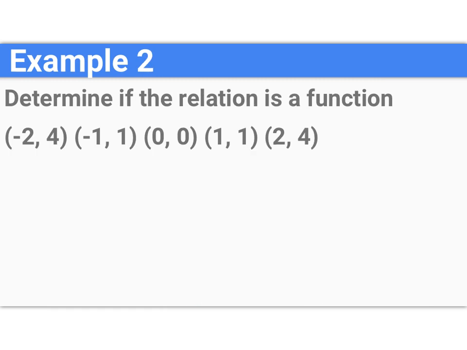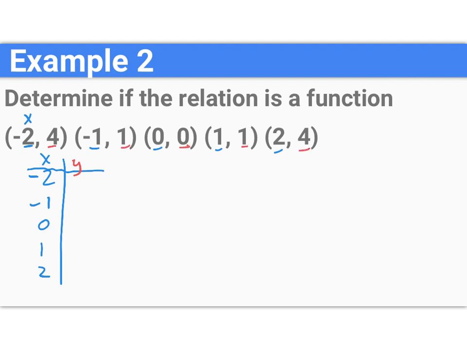Okay, so let's look at example 2, and let's line up what we have. We have -2, -1, 0, 1, and 2. So in a point, whenever you see parentheses and two numbers separated by a comma, the blues are X. That's your input. Your output is your Y, your reds.